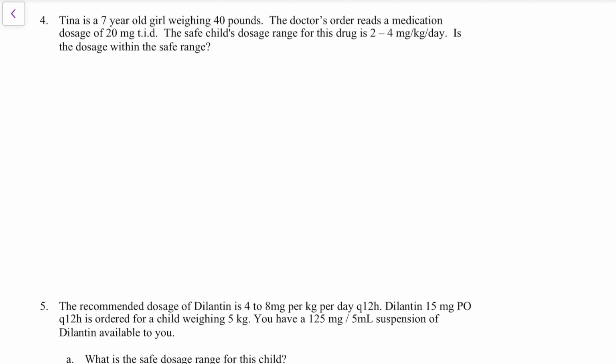So again, first step is going to be to take the 40 pounds and divide it by 2.2. And you get 18.181818 kilograms.